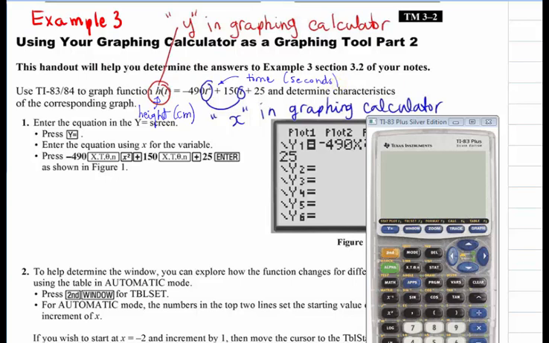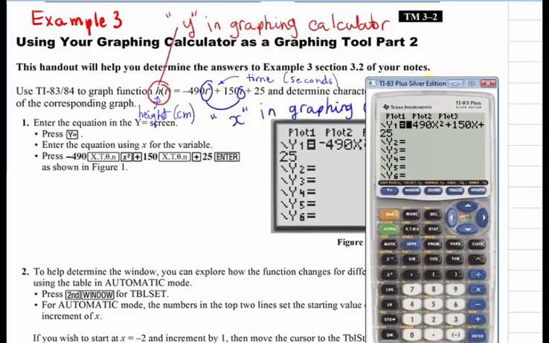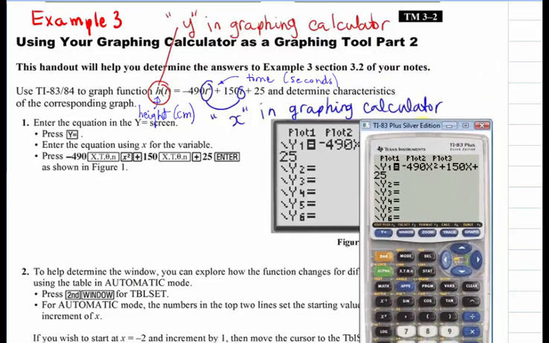Okay, so we're going to start by entering that into our graphing calculator. So we're going to press the y equals button, and we first have to make sure that our calculator is on, and we're going to go to y equals, and I've entered it in already. Okay, so negative 490 x squared plus 150x plus 25. Now, with these application problems, you will be expected to put in window settings.